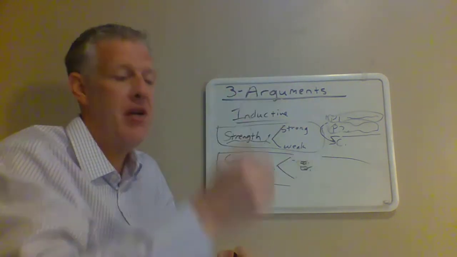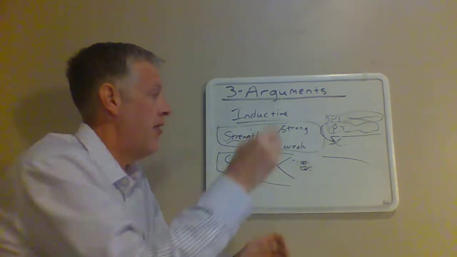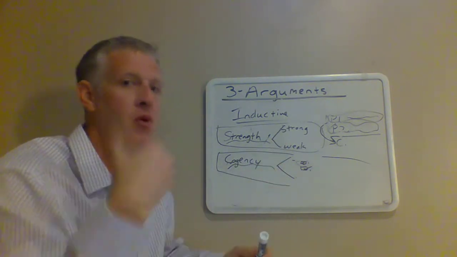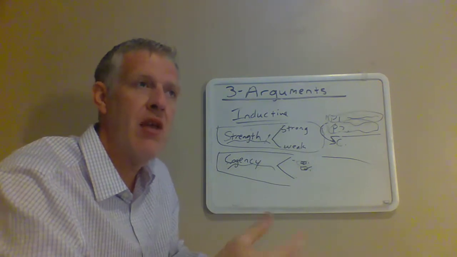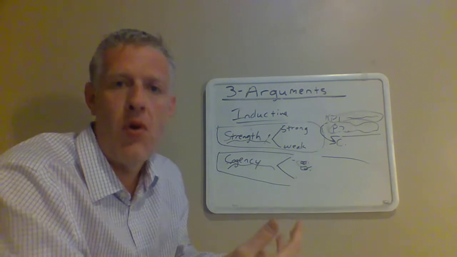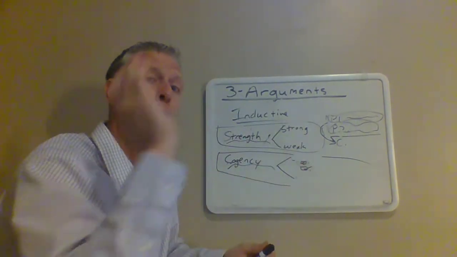Let's up the number of days. Therefore, he's going to be late today. That one is stronger, even though the first one seemed pretty strong. The more days that he was late, stated in our premise, assuming that's true, he was late the last 20 days, therefore he's going to be late today. That is extremely strong, way stronger.